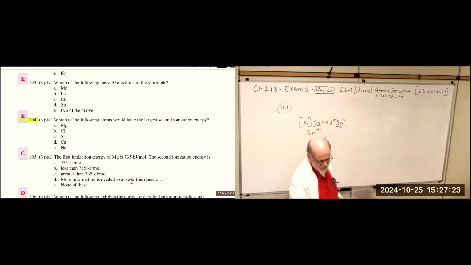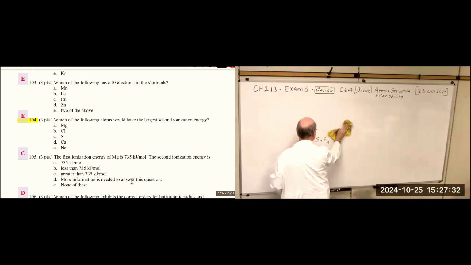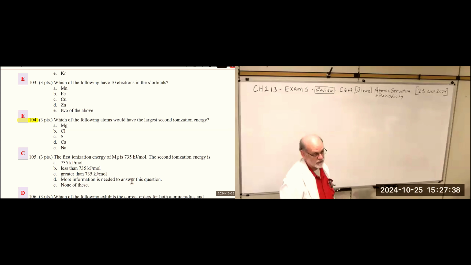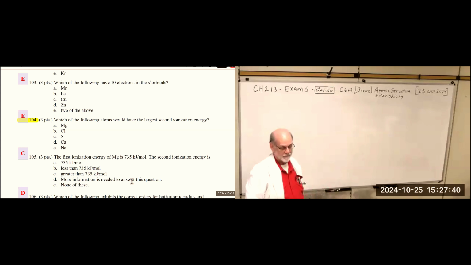104, which of the following atoms would have the largest second ionization energy? Okay. When you're looking for the highest second ionization energy, the first place I'd look is the second electron coming from the core. Right.